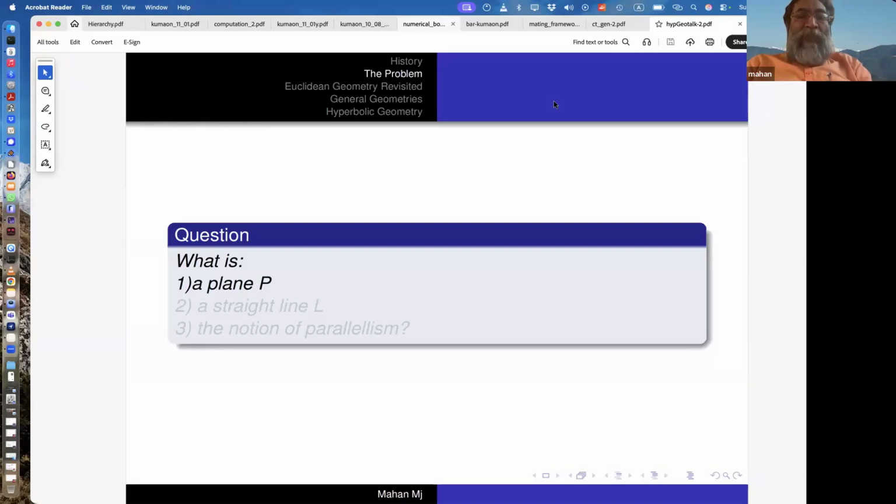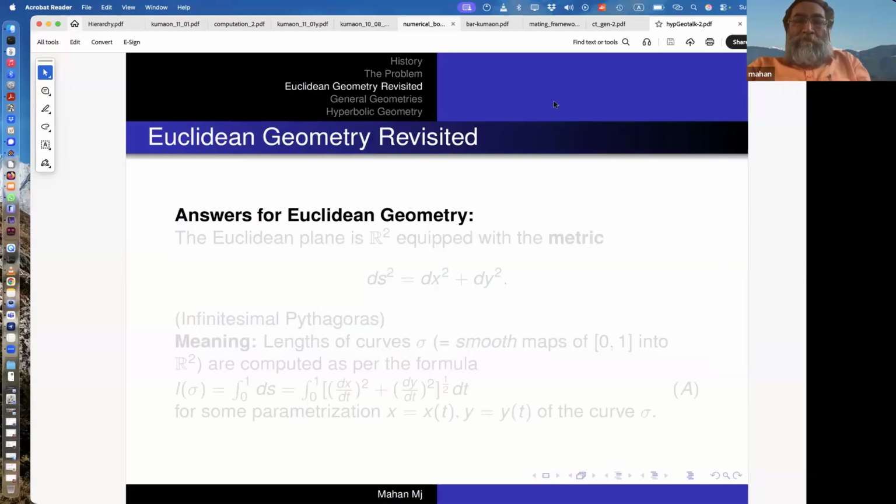And so, based on a more fundamental notion or fundamental definition of a plane, we need to understand what straight lines are in this context. What is the notion of parallelism in this context?